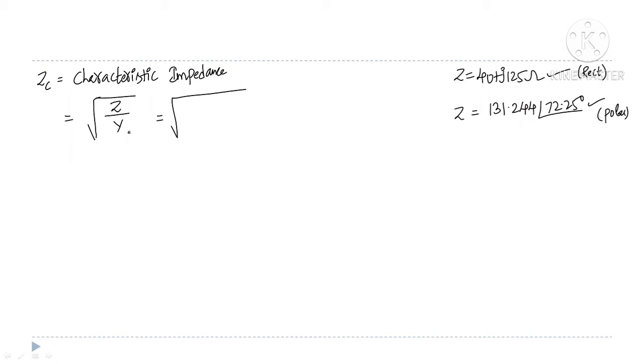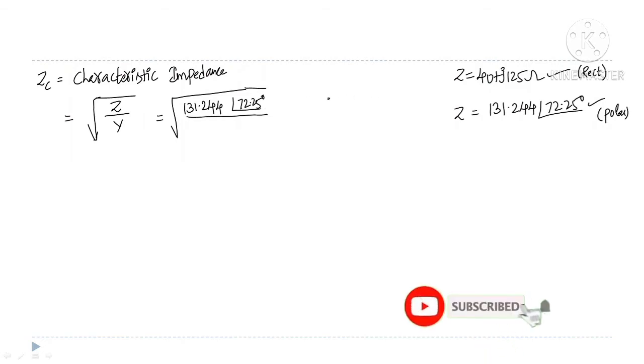Now, when you are finding the root of the ratio of two complex numbers, you need to convert them into polar form. So I am expressing the impedance in polar form as 131.244 at an angle 72.25 degrees divided by admittance. What is admittance given? Admittance Y is given as j into 10 power minus 3 mhos.